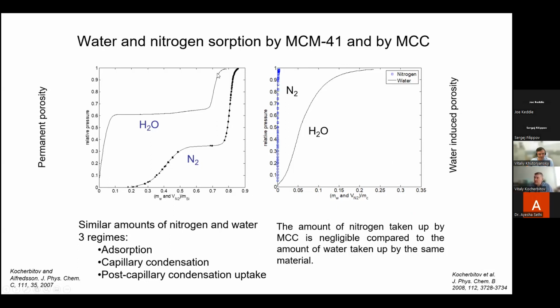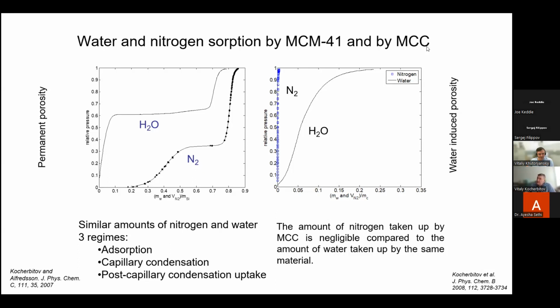The sorption isotherms have different shapes if studied by water or by nitrogen, but they all exhibit quite a high amount of gas which these materials can absorb.